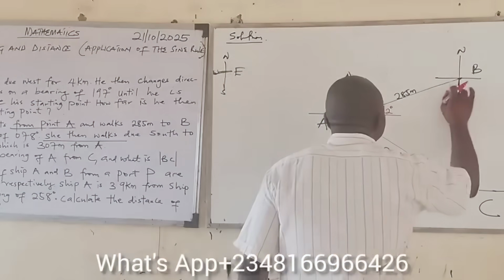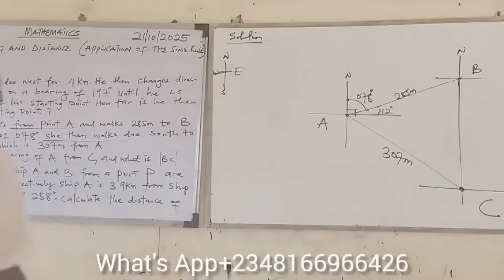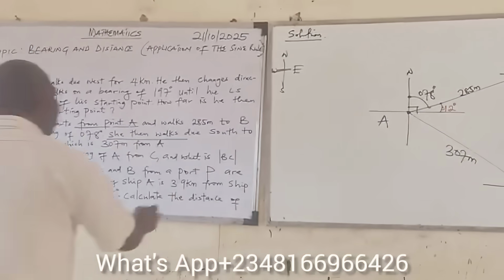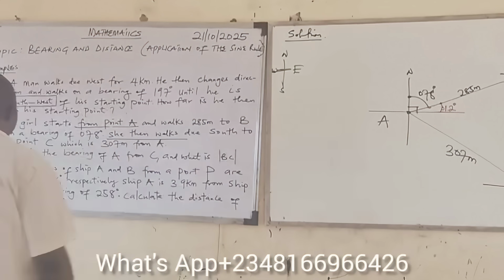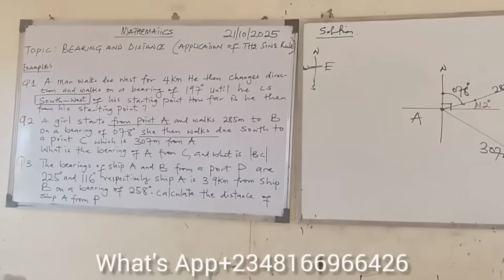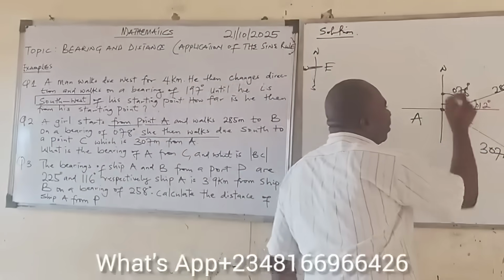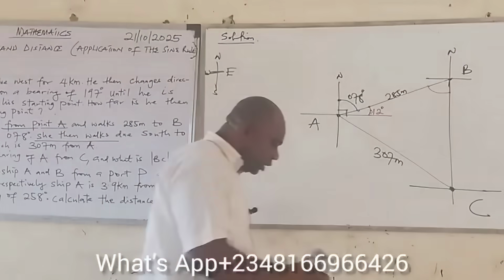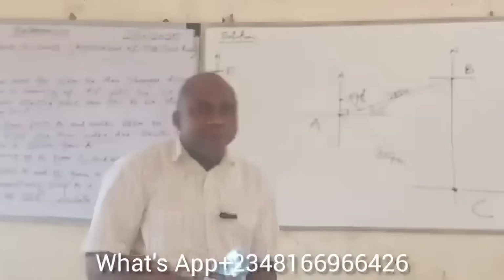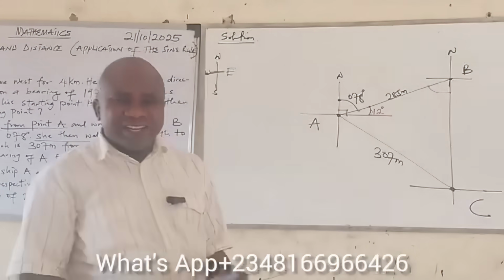Now we know this side, we know this side. We already have 78 there. Now the question is, we should get the value of BC. Now we should calculate the value of BC. From plane geometry, we know of alternate angles.